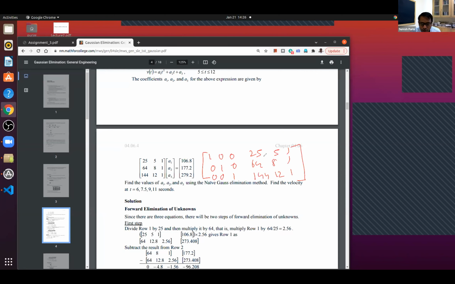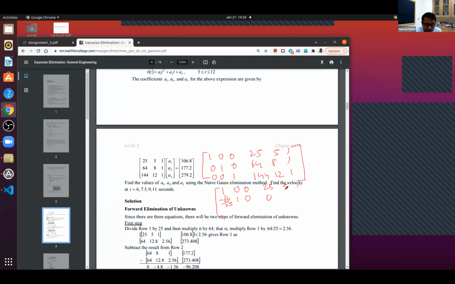So when we do minus 64 times 25 row 1 and add it, we apply it in this first matrix also. Then after transformation, this matrix looks like minus 64 divided by 25, 1, 0, 25, 5, 1.